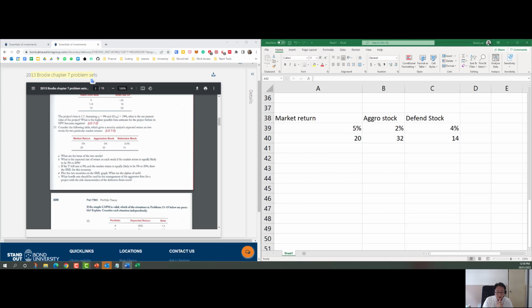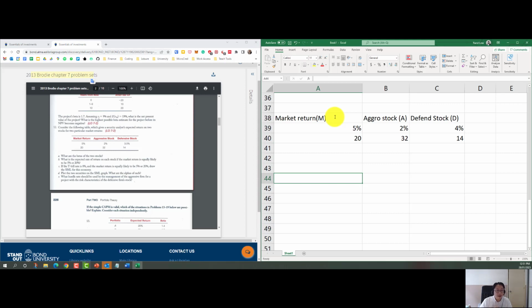We can call the aggro stock A, and the defense stock D, and this is going to be M. We can compare each stock's beta by calculating the difference in return across the two scenarios divided by the difference in the market return.